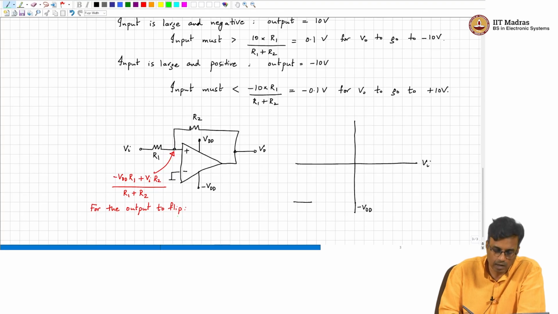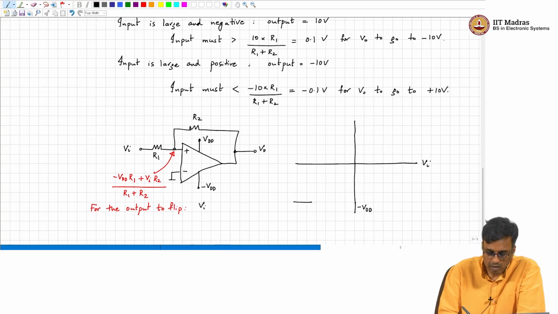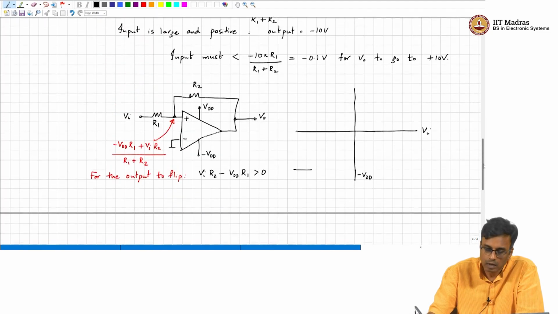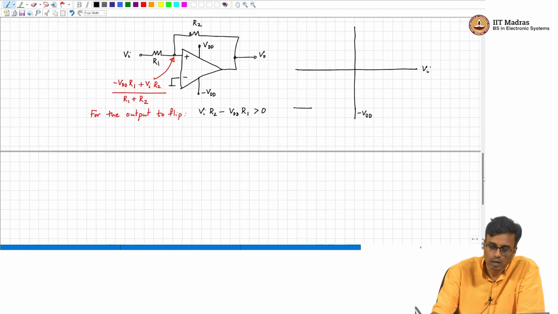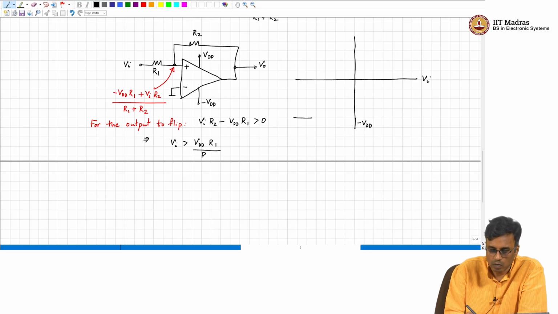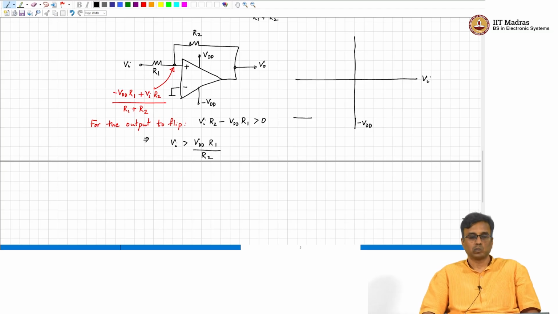So basically, Vi times R2 minus VDD times R1 must be greater than 0, which means Vi should be greater than VDD times R1 by R2. Okay.